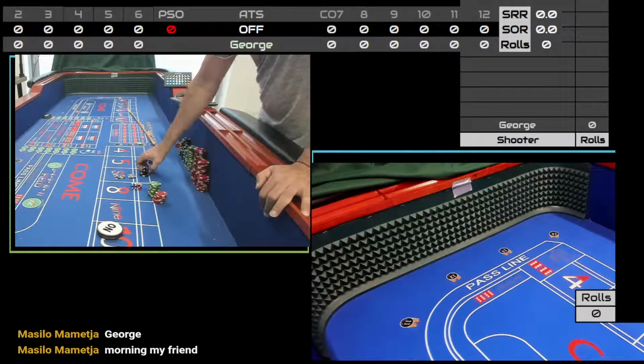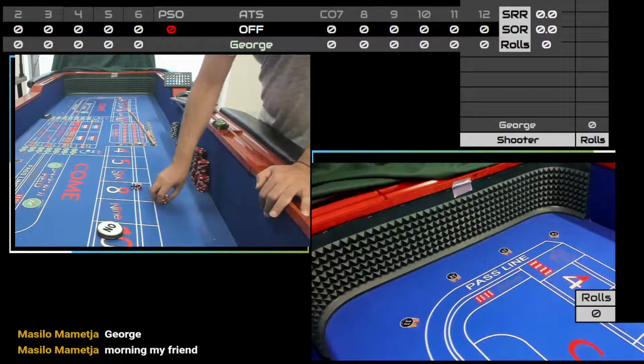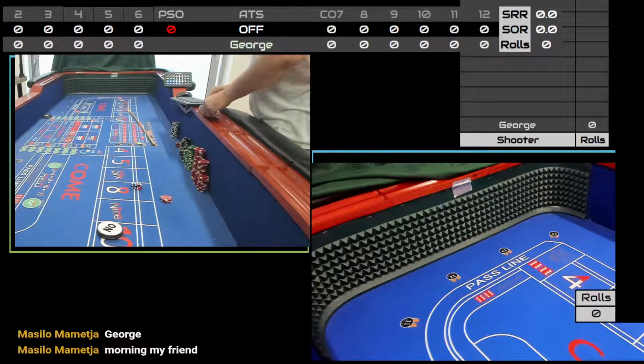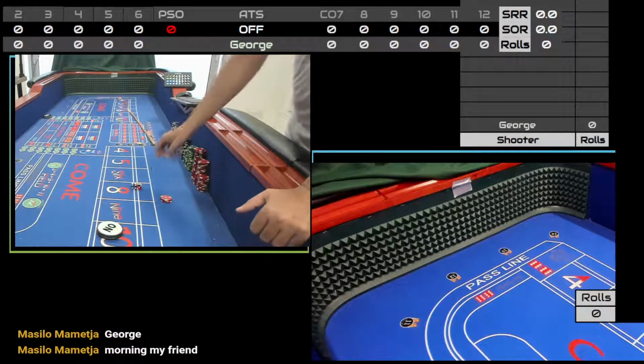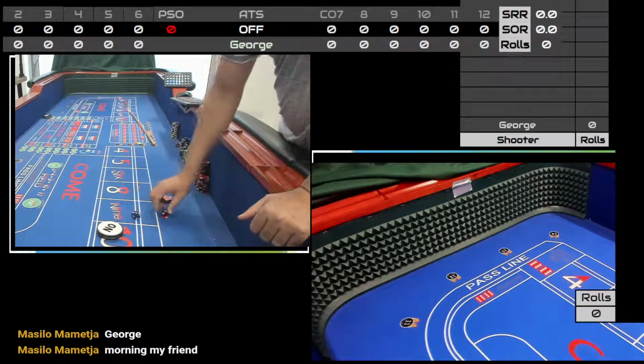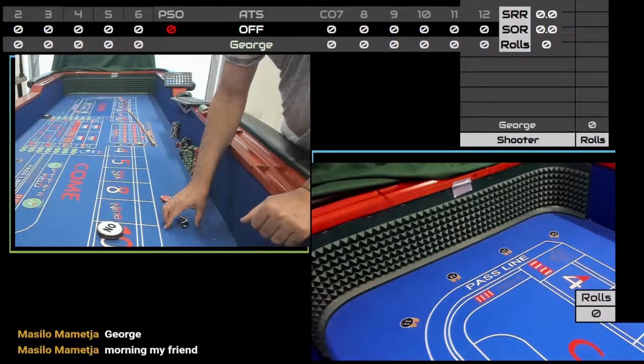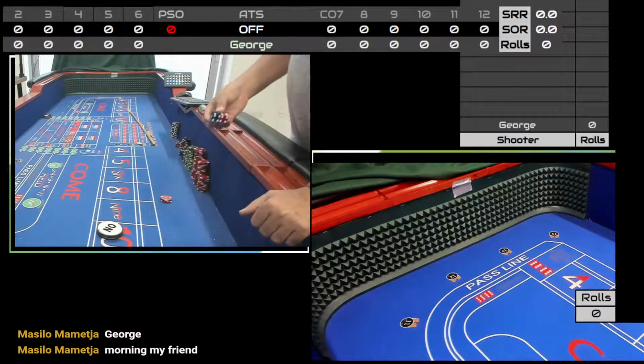That's 1,000 in buckles. All right. Let's see dice behavior now. 3, 2, 3, 6. We're starting with V sets.